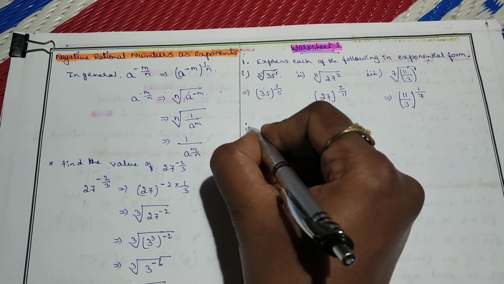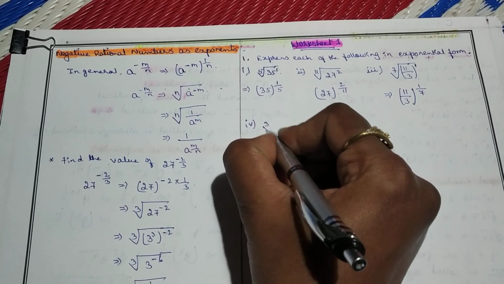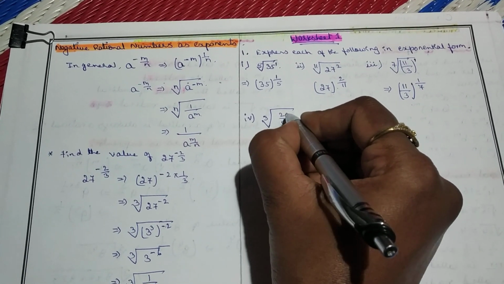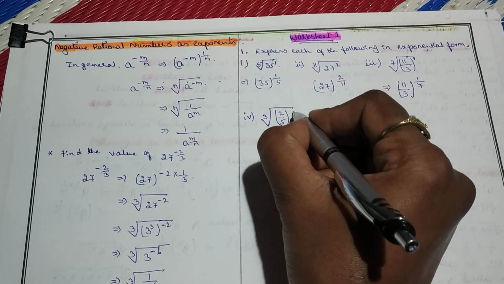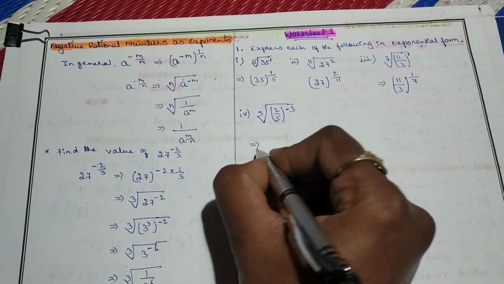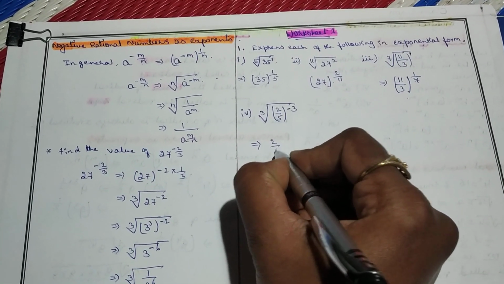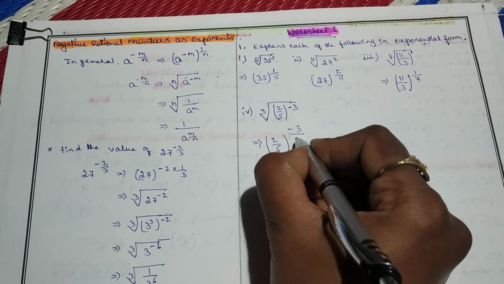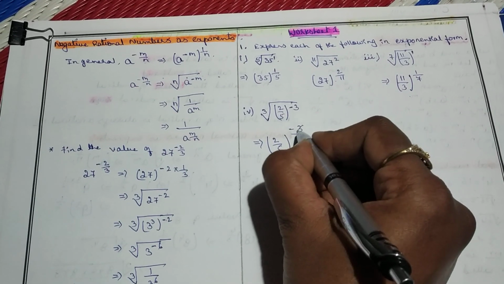And I'll go with the fourth question, that is cube root of 2 by 5 whole to the power of minus 3. Which implies 2 by 5 whole to the power of minus 3 divided by 3, and the 3s cancel.